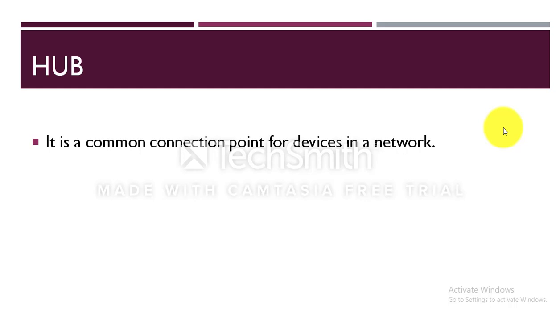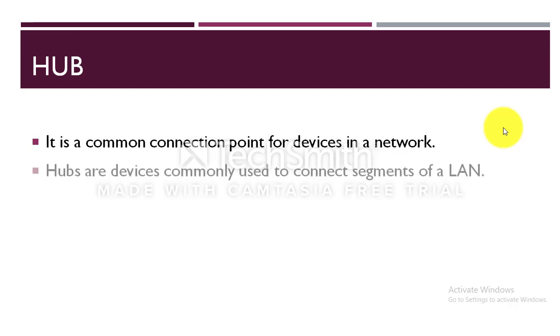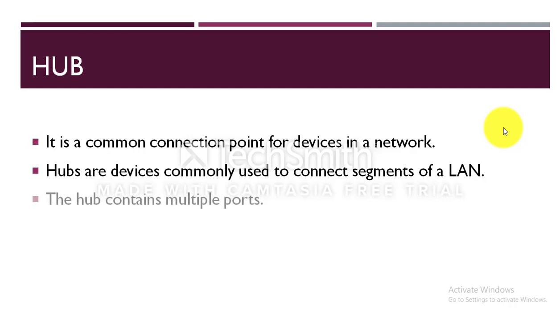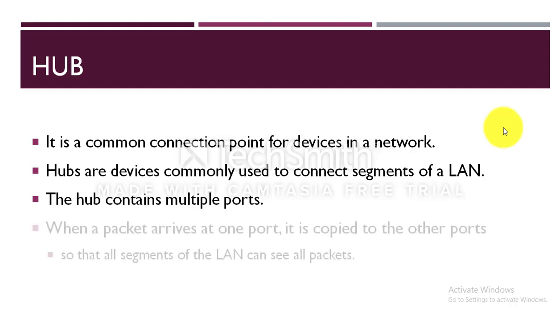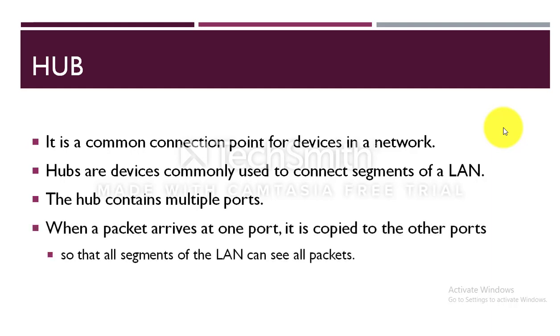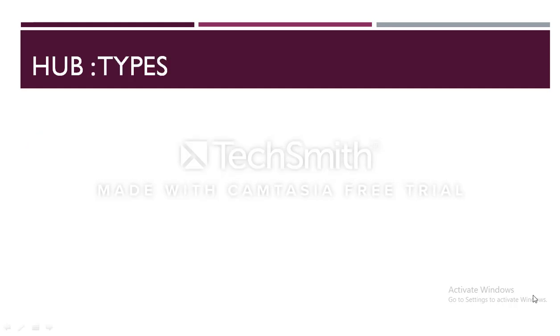Hubs are devices commonly used to connect segments of a LAN. The hub contains multiple ports. When a packet arrives at one port, it is copied to the other ports so that all segments of the LAN can see all packets.